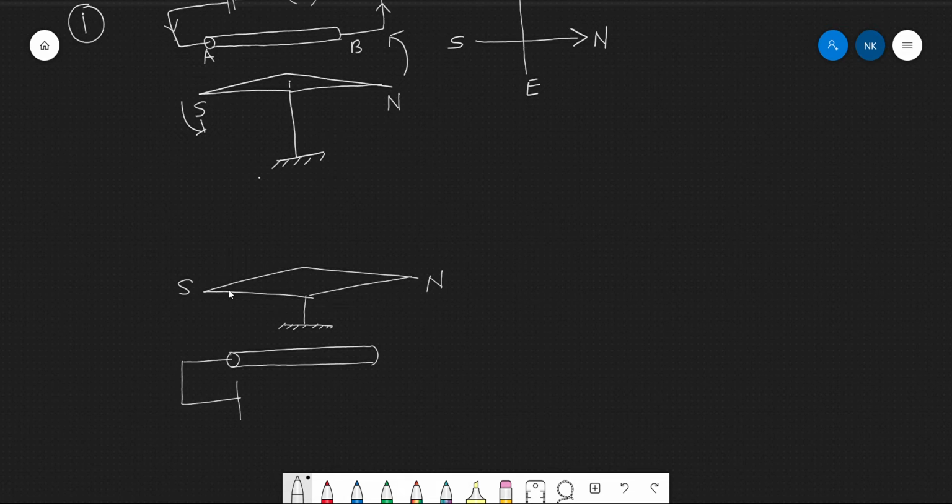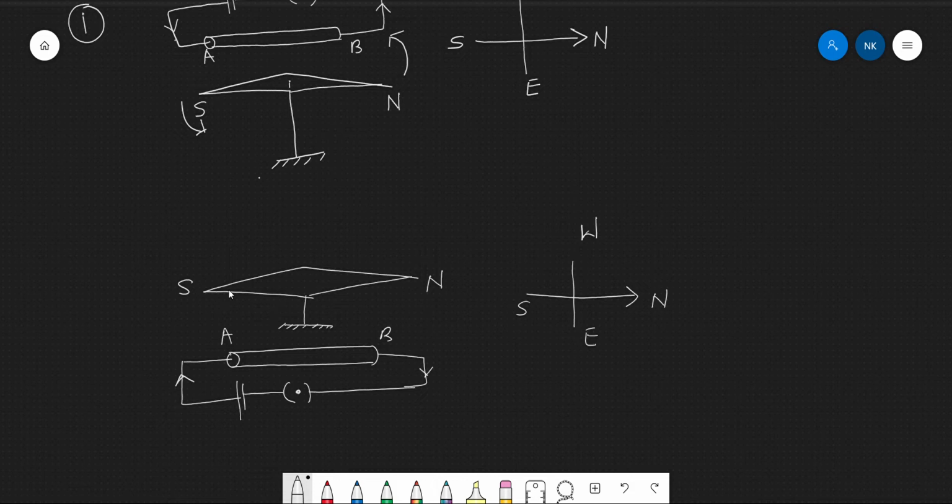Here is a cell, the key is open now. This is A, this is B. It's clear, the key is open. That means here this is north, south, east and west. Now I am going to close the key. So obviously, as you know, there will be a current flowing in this way.